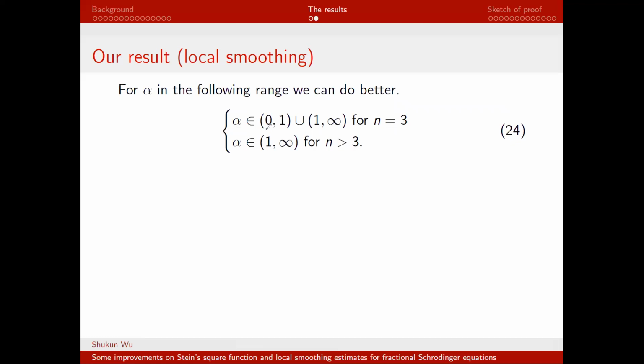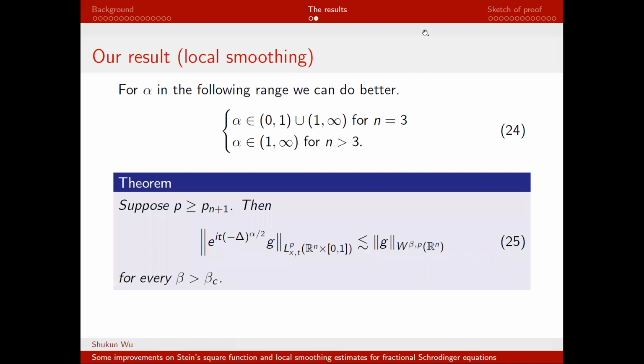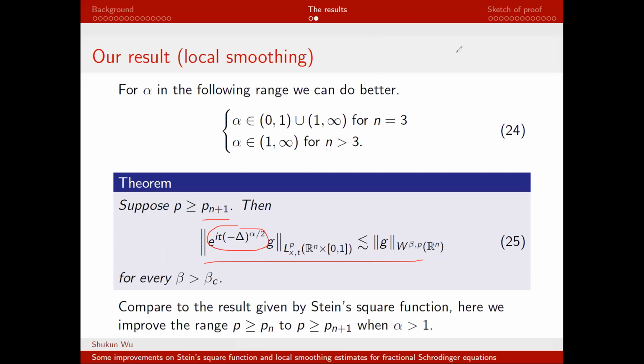When n equals 3, for any alpha not equal to 1, and for n bigger than 3 and alpha greater than 1, we can prove that when p is greater than Pn plus 1, we have the following estimate for the fractional Schrodinger operator. Compared to the previous result given by Stein's square function, here we improve the range from p greater than Pn to p greater than Pn plus 1. That's the improvement when alpha is greater than 1.